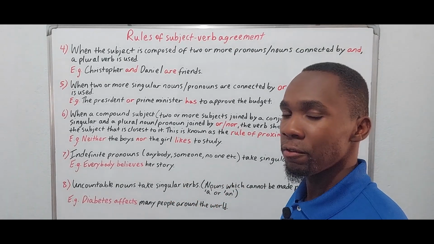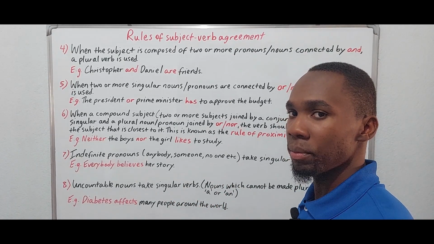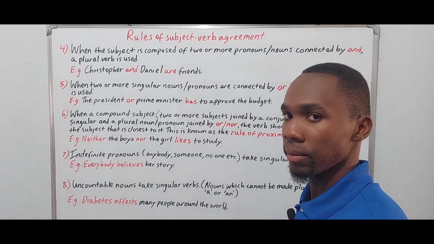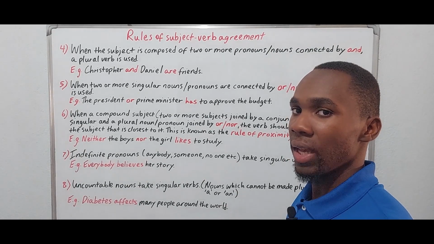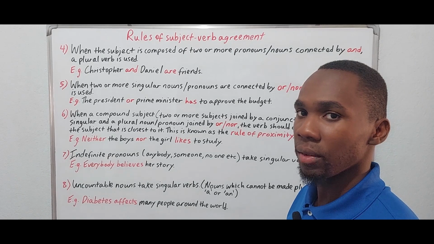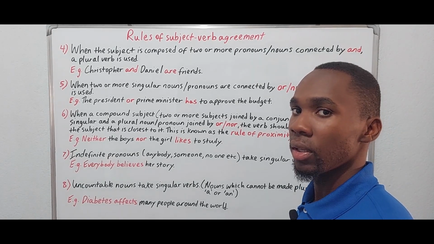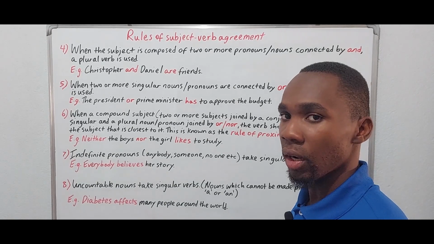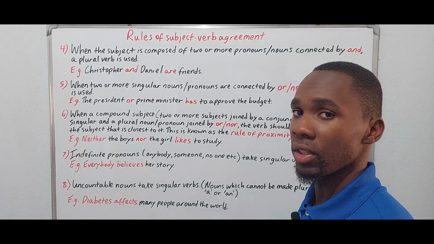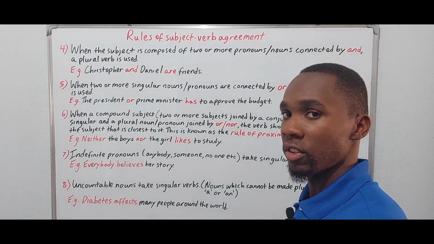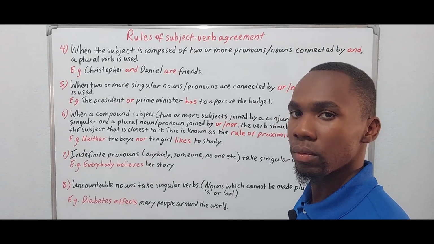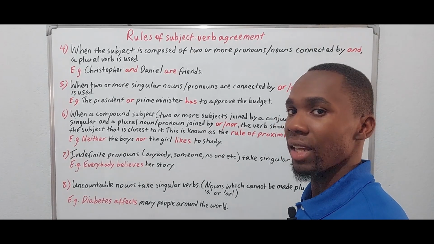So if we have subjects that are joined by or or nor, okay, and we have one subject being singular and another subject being plural, then the verb is going to agree with the noun that is closest to it.